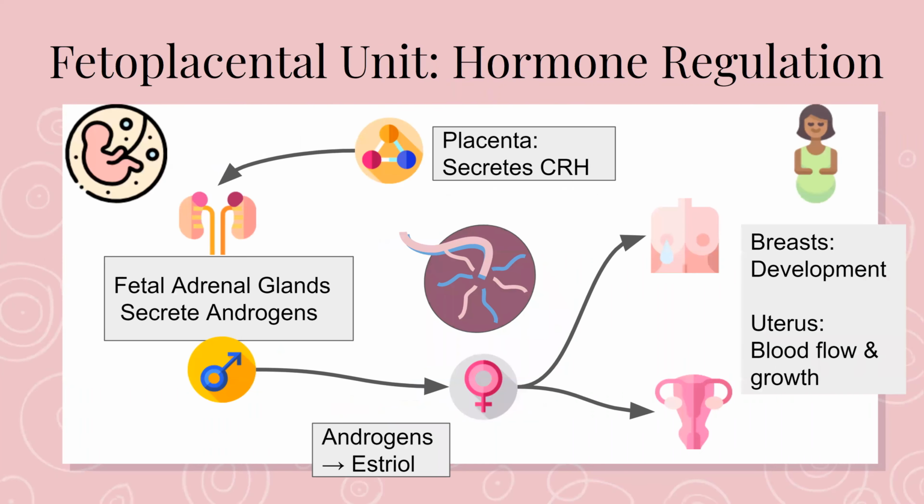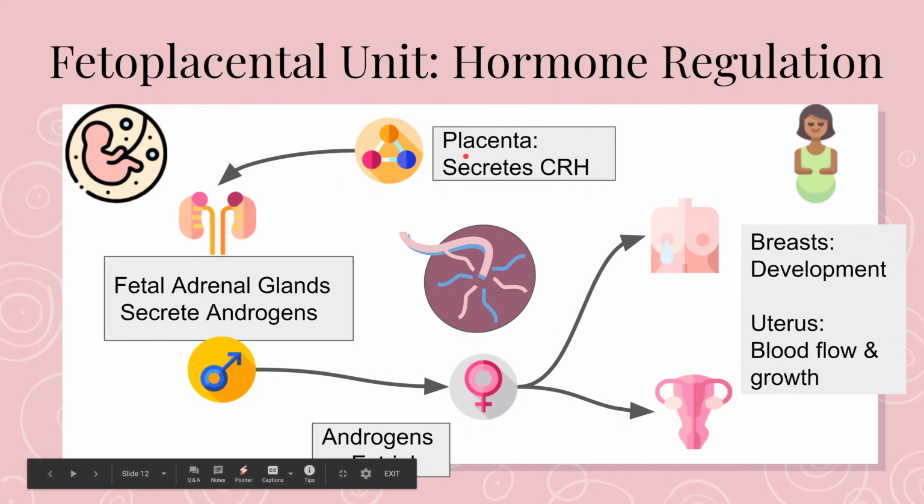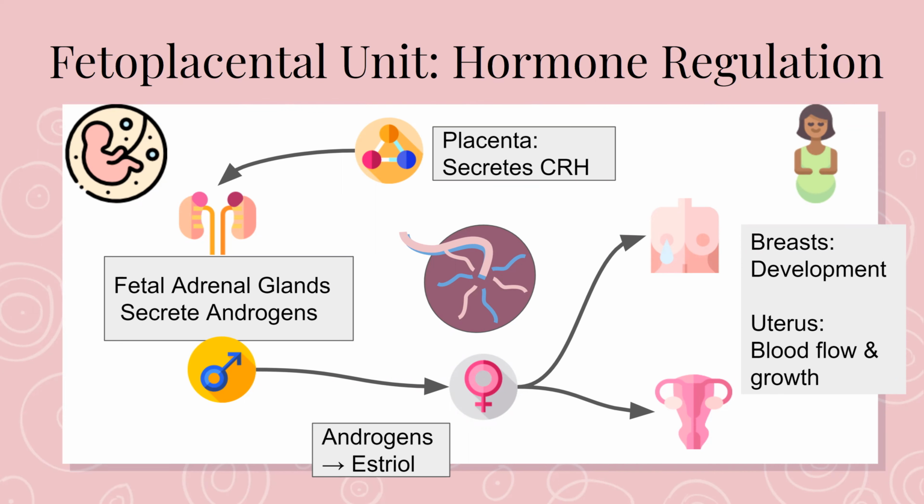Let's go through some of this hormone regulation, because it's very closely tied to the stress response system. The placenta secretes CRH. Remember, when we were thinking of your HPA axis, we have CRH coming from your hypothalamus, but your placenta actually secretes CRH too. That CRH helps the fetal adrenal glands secrete what they need to secrete, and for a little while it helps them secrete androgens, like testosterone and related hormones.